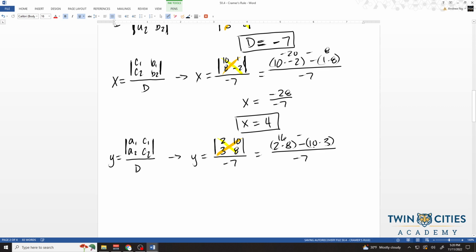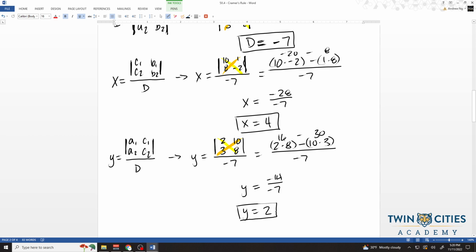We're subtracting. 10 times 3 is 30. So y is going to be equal to 16 minus 30, which is negative 14, over this negative 7. And just like we found when we plugged in x equals 4, we now have y equals positive 2. So that is using Cramer's rule for a 2 by 2.